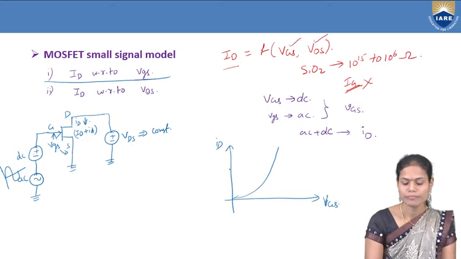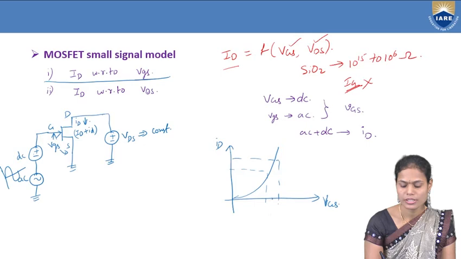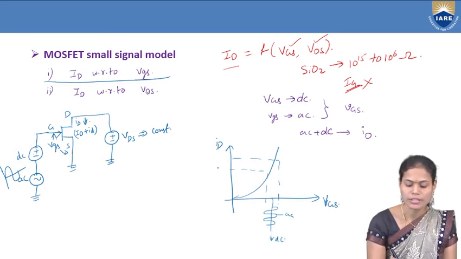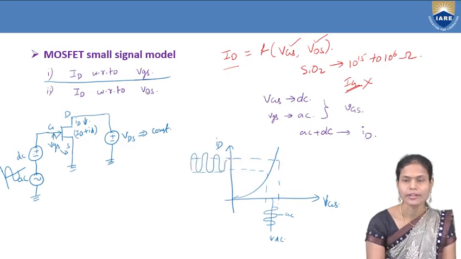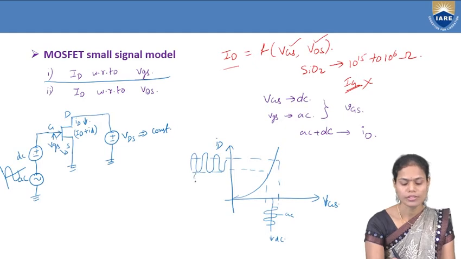Here the input signal VGS is the combination of AC as well as DC. This is the AC signal and this one is the DC signal. Similarly, across the output we get the amplified version of this applied input signal, which is also a combination of AC as well as DC signals.